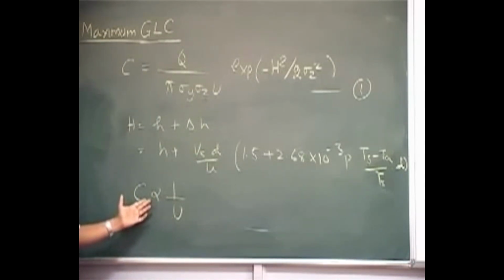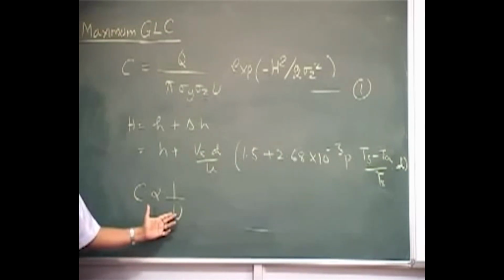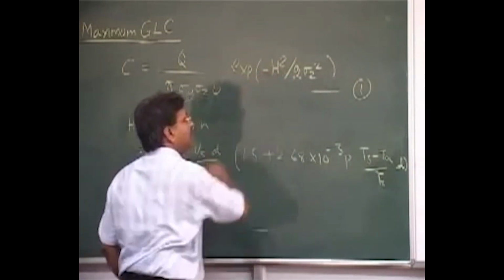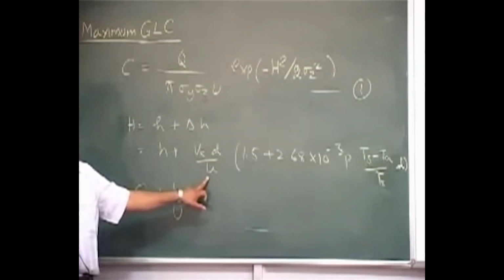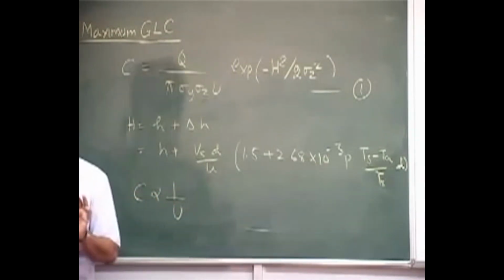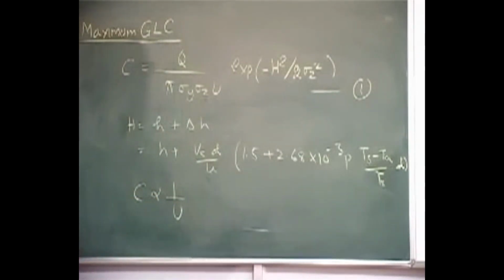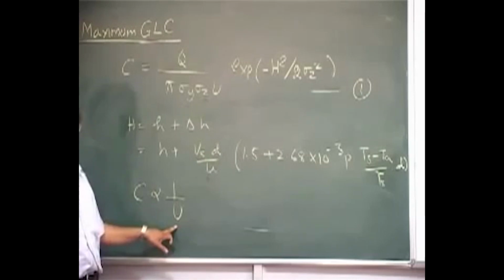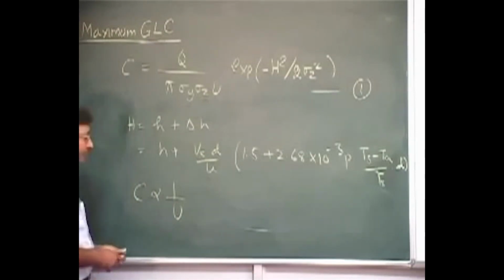It is not a complete picture, because if I take this whole thing and put it in this one, then I am also finding u again, right? So the picture is complex. So, U is not as simple as it appears, that C is inversely proportional to U.